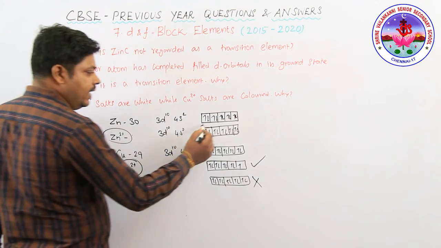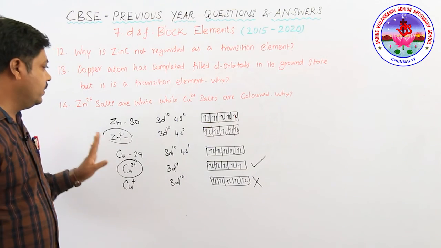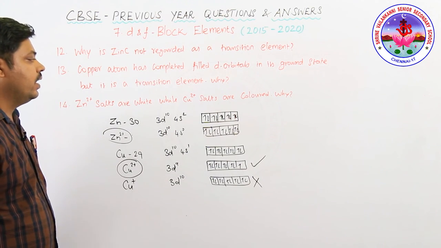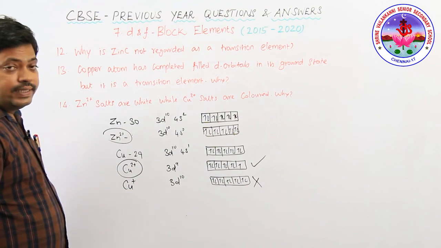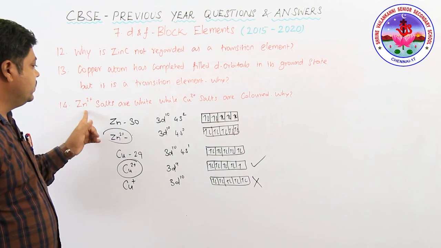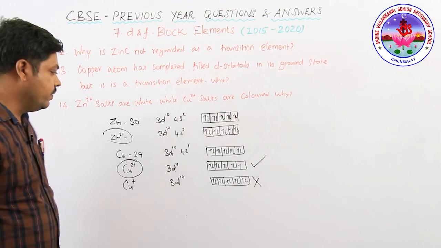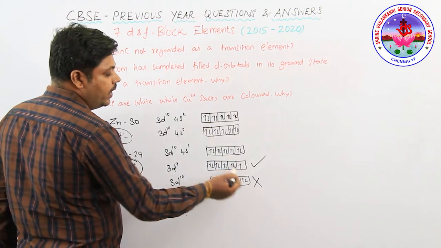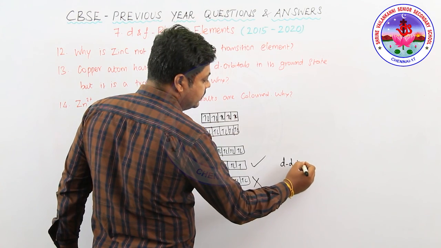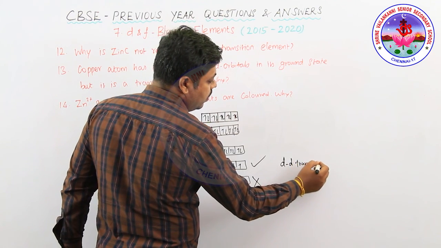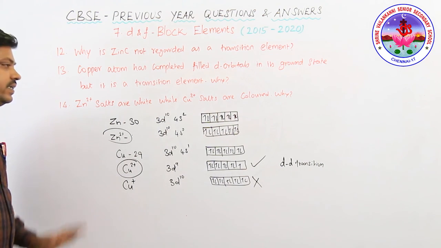Completely filled or empty orbitals mean the compounds are colorless or white in color. That is the reason, and d-d transitions occur. So zinc 2 plus salts are white, while Cu2 plus salts are colored, because of the presence of unpaired electrons and d-d transitions. So this is the answer.